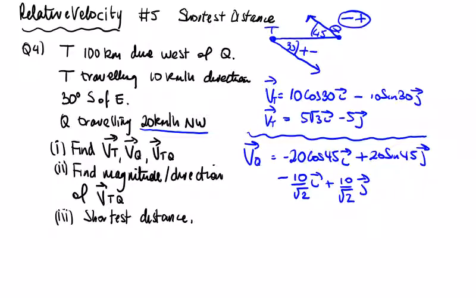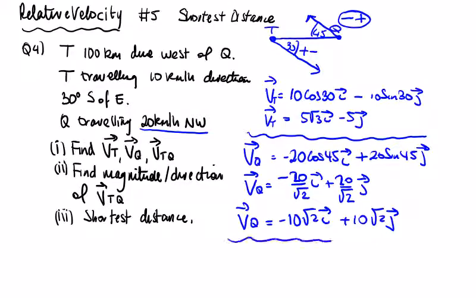That's the velocity of Q. And 1 over root 2 is root 2 over 2, so this can be written as minus 10 root 2 in the I direction, plus 10 root 2 in the J direction, just to tidy it up a little bit.